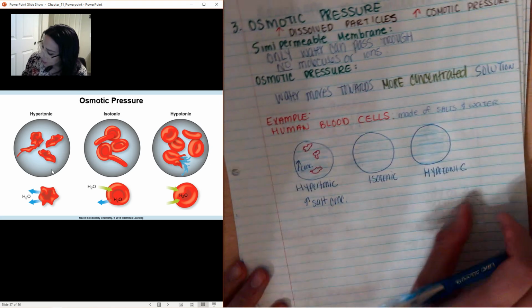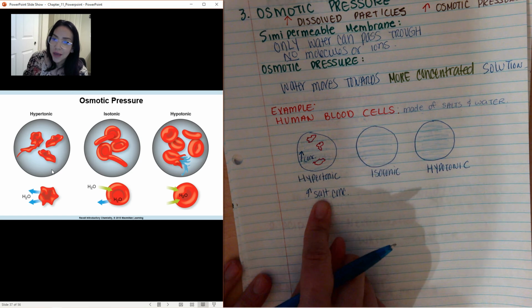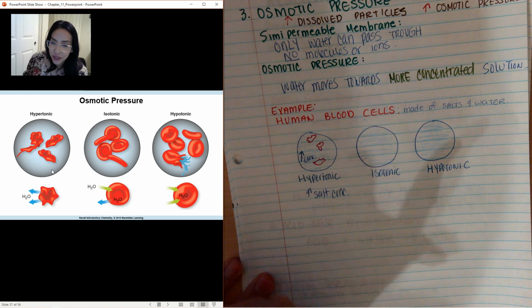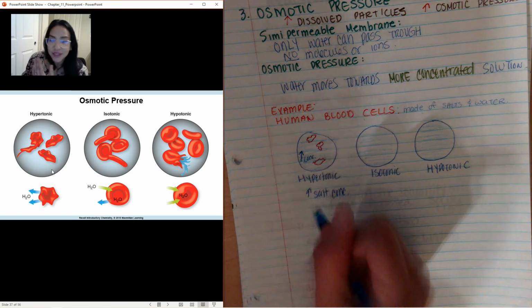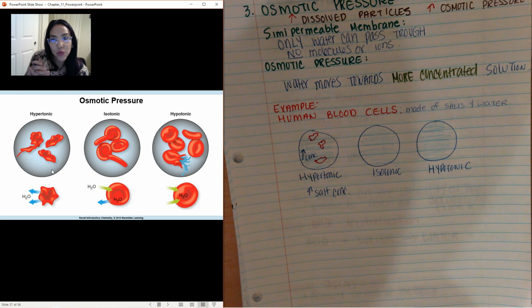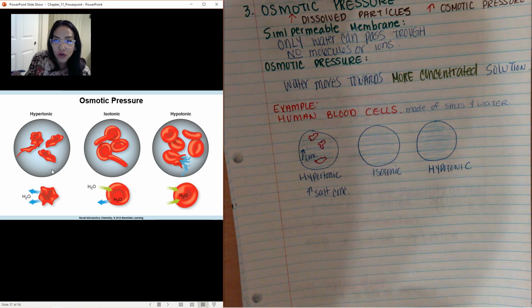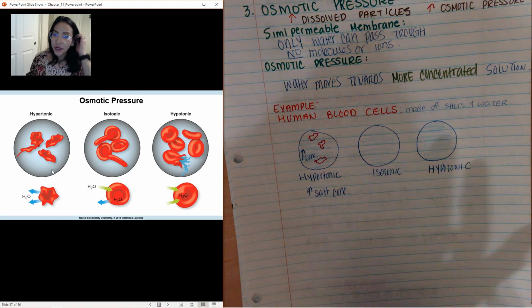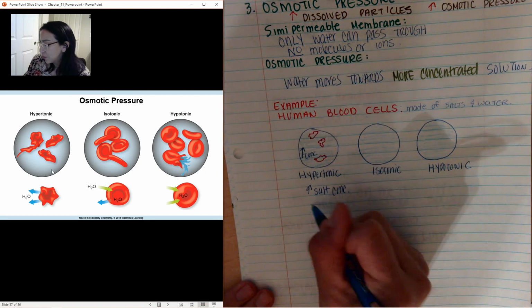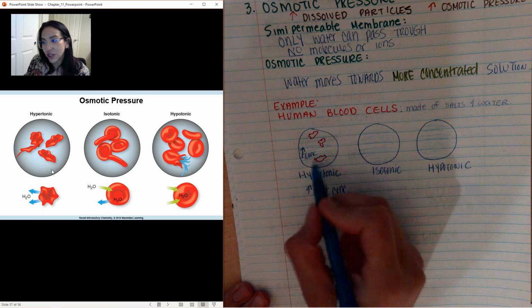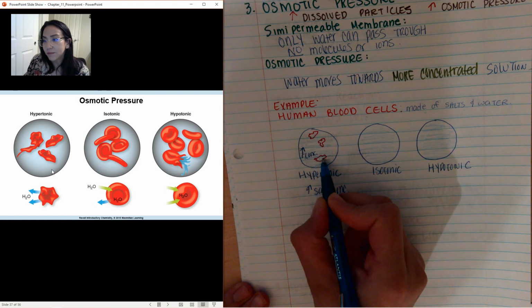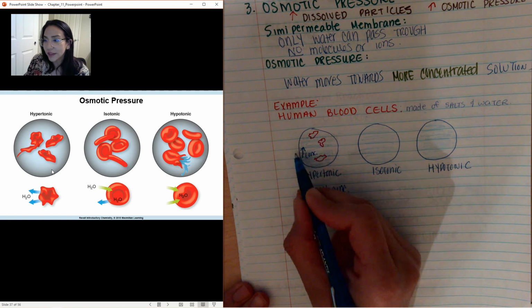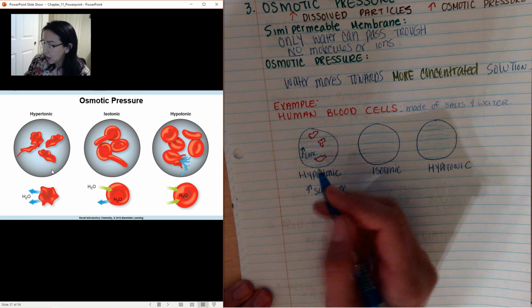This usually happens when we are dehydrated, right? And we see it in our skin. It looks a little bit wrinkly. It doesn't look as full. And then we start drinking water and we can immediately feel and see the difference in our skin. So with hypertonic, we have a high salt concentration outside, and the water in our cells is trying to leave to compensate for that, causing the cells to shrivel.